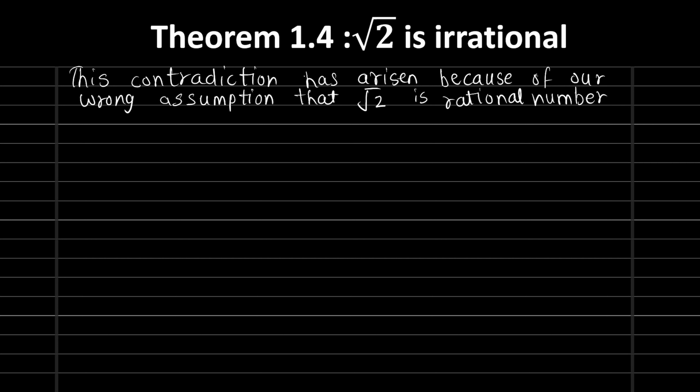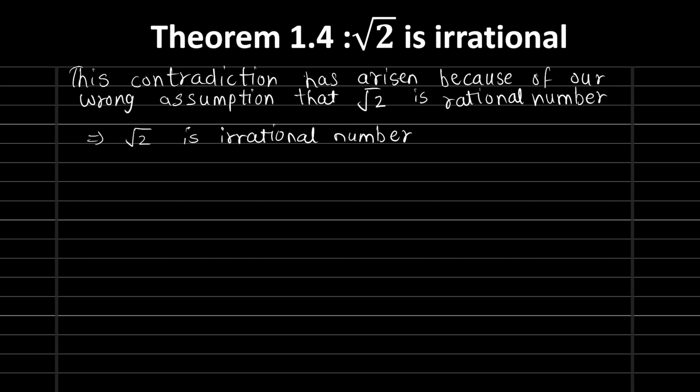So, if this assumption, root 2 is a rational number, is wrong, then what is the correct statement? Definitely it will imply that root 2 is an irrational number. Right? If root 2 is not a rational number, then what is the other way around?